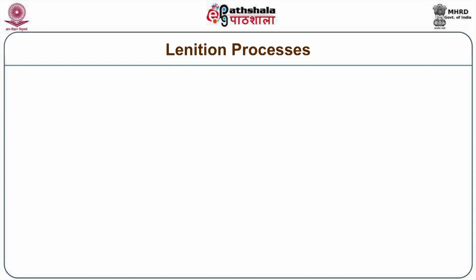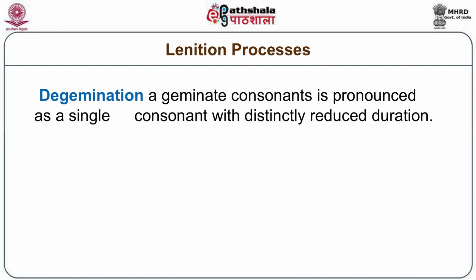Recall that some of these processes have been discussed under other heads. We take a look at them again here as instances of lenition processes. Degemination. Degemination takes place when a sequence of two consonants is pronounced with the time period of a single consonant.